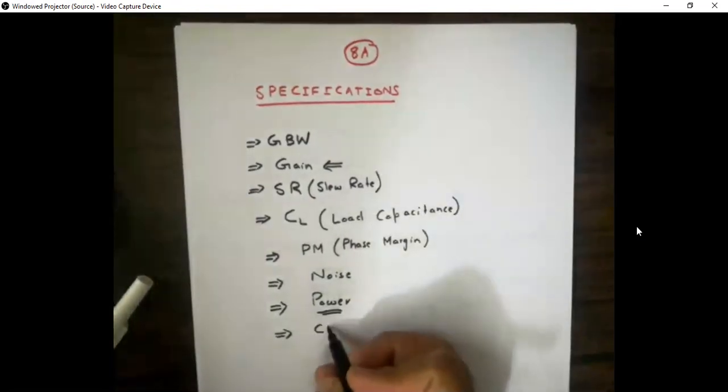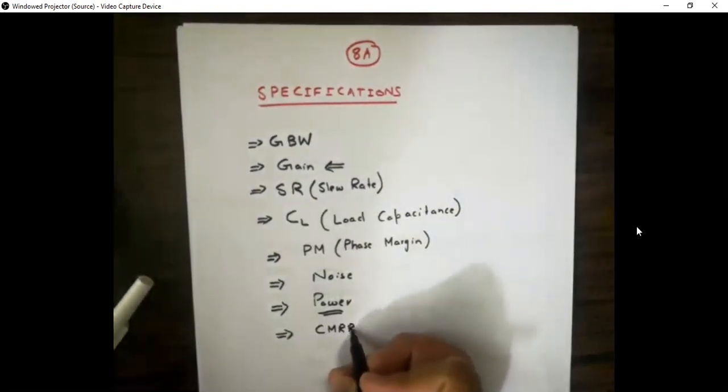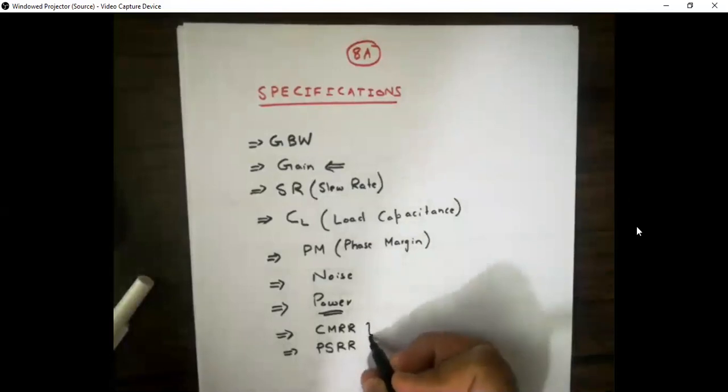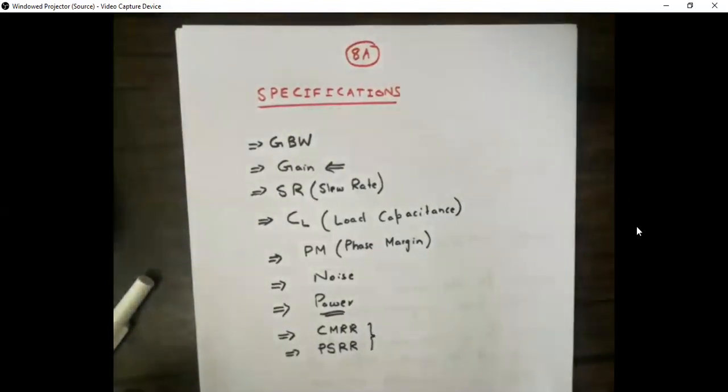CMRR can also be there. Right. And the brother of CMRR, PSRR, should also be important. Again, we didn't cover it with respect to the two-stage amplifier, but we definitely need to take CMRR and PSRR into account in a configuration.